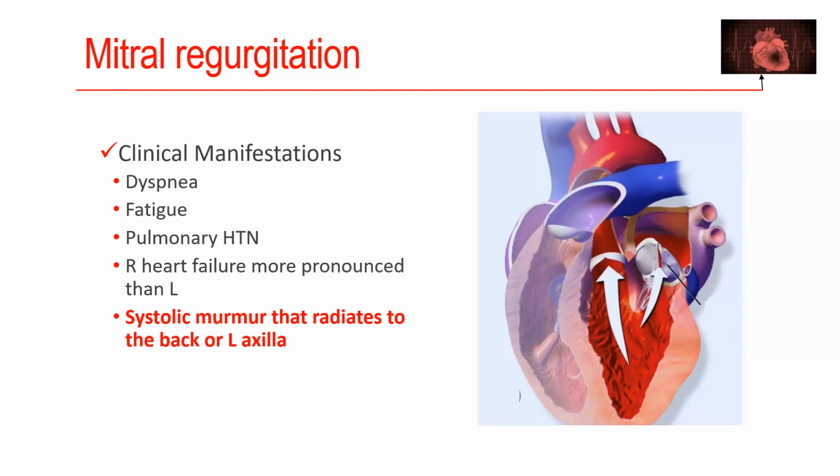Your patient has poor forward flow, their cardiac output has dropped, their stroke volume has dropped. And the problem is with mitral regurg, what you're actually doing is placing a burden into the pulmonary veins. When you place a burden into the pulmonary veins, you're going to now have pulmonary hypertension.